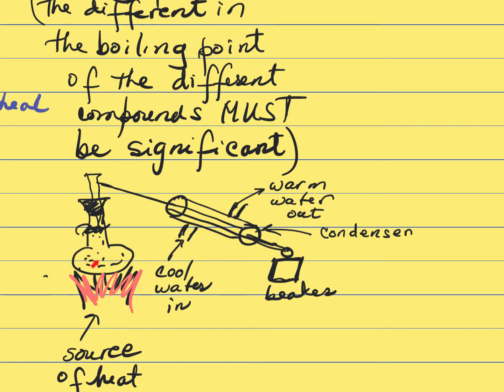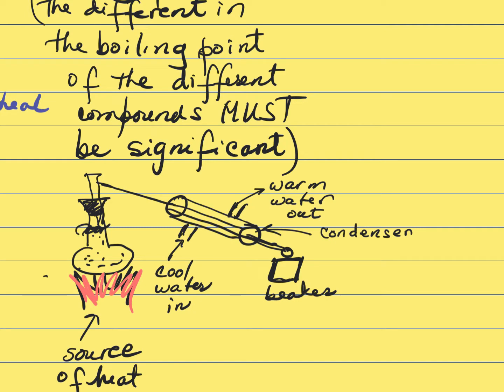The substance with the lowest boiling point is going to evaporate and go through the condenser over here, and then it's going to condense in the beaker because you're going to be passing water that is not in contact. You're going to have a transfer of heat here. You have a vapor going through the condenser, and the function of the condenser is to condense that vapor. That's how distillation works.